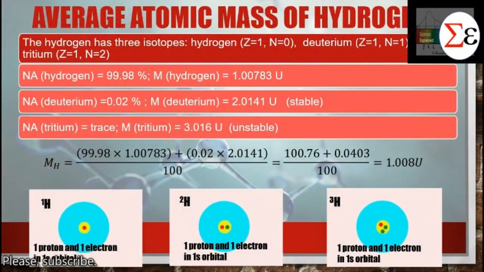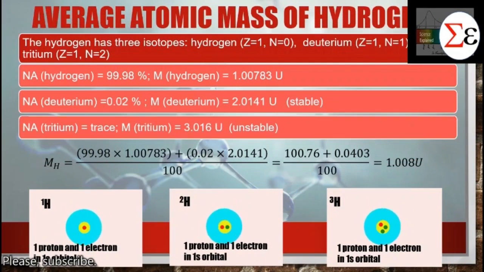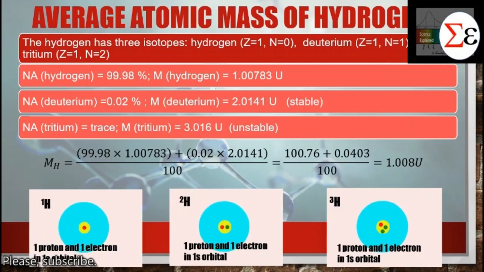Let's talk about some examples of the average atomic mass. For example, the atomic mass of hydrogen. The hydrogen has 3 isotopes: hydrogen, N0, deuterium, N1, and tritium, N2. The hydrogen has the highest natural abundance, with 99.98%, and deuterium has only 0.02% of natural abundance.